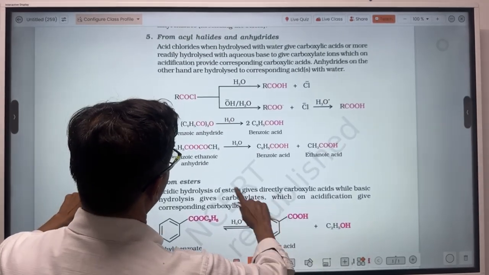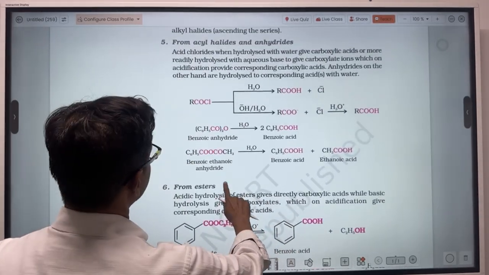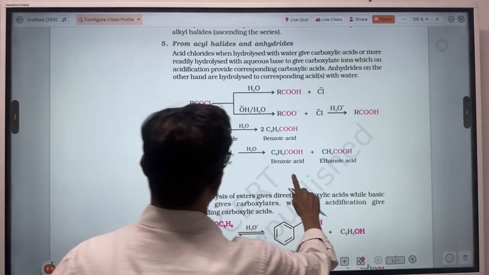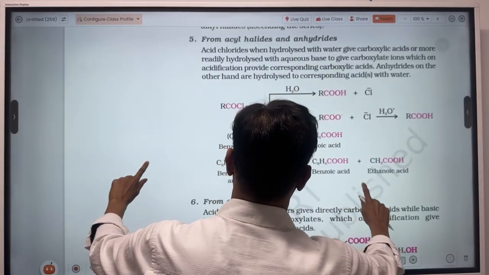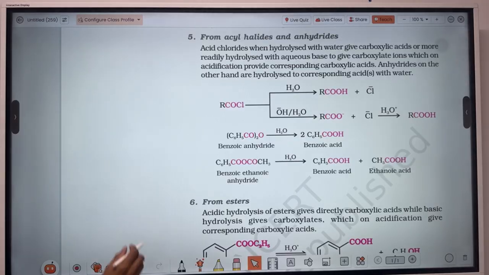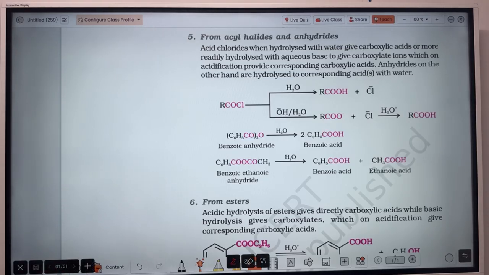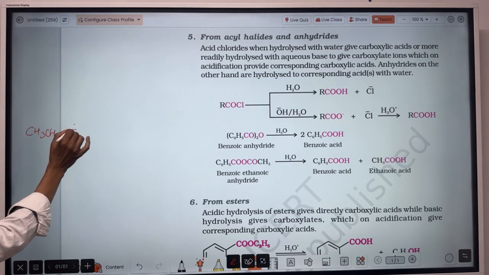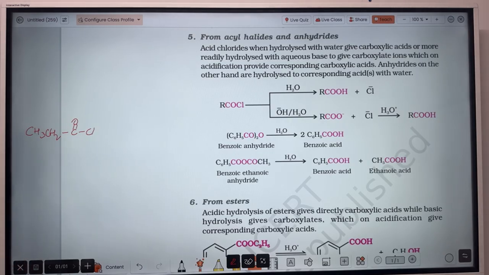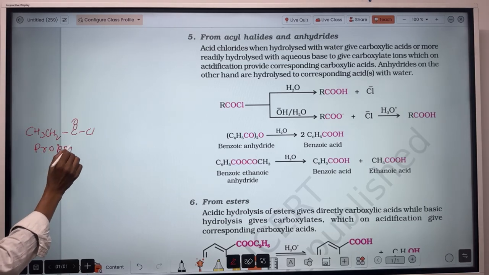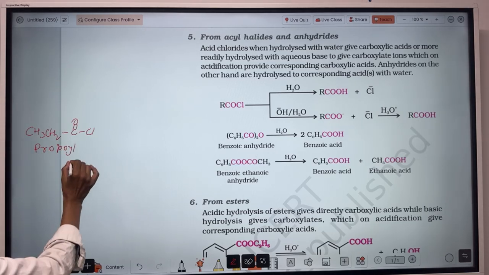Now from acyl halide and anhydride. Listen here. This one, what's its IUPAC name? It will be propyl, P-R-O-P-O-Y-L, propyl chloride.